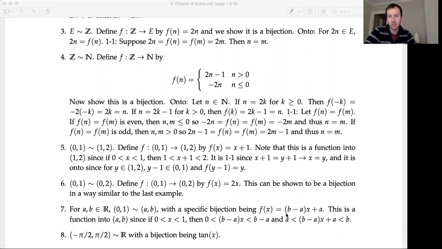This is a line which essentially takes (0, 1) and stretches and shifts it so it lands on top of (a, b). So in example 5, we shifted. In example 6, we stretched. You can do that in general for any interval. So this is saying any finite interval is equinumerous to (0, 1), because we can find a bijection that does that.